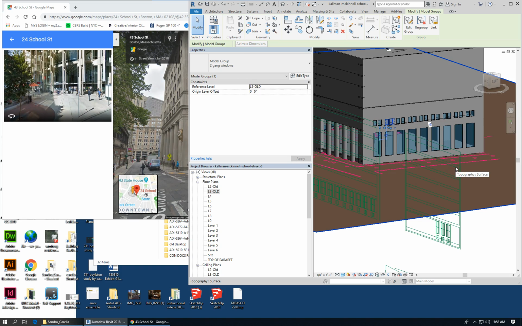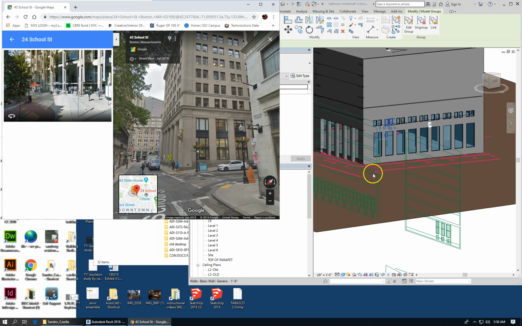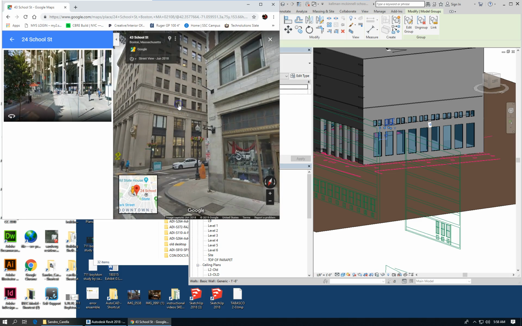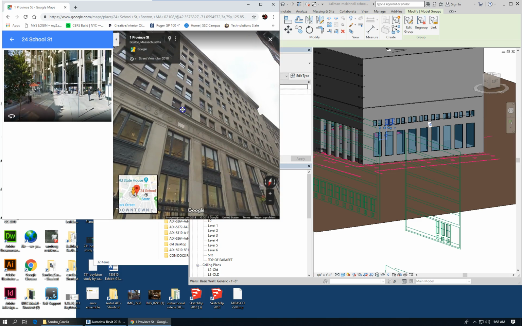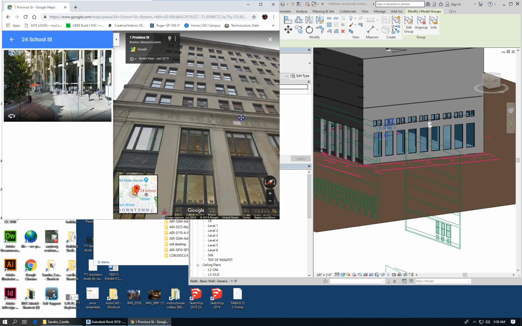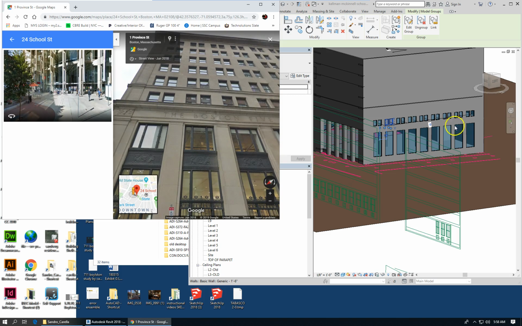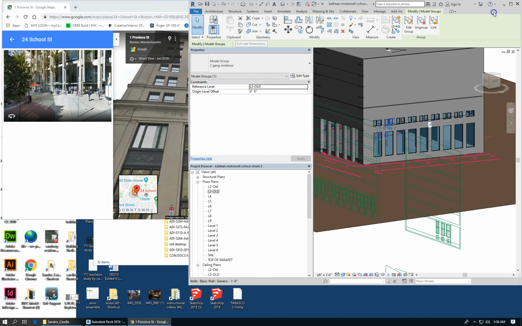So I'm guessing there's a little bit of inaccuracy along, when we annotated with lines, we might have created some.